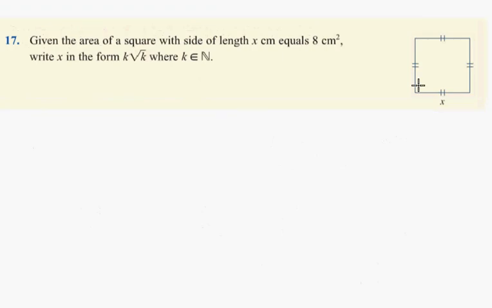Now, 17, Pythagoras' theorem, right? Calculate the length of side x, where the square has area 8. Is that right? So that's just x squared equals 8. Remember what I said, how do you get the area of a square? Length multiplied by, what is your length?